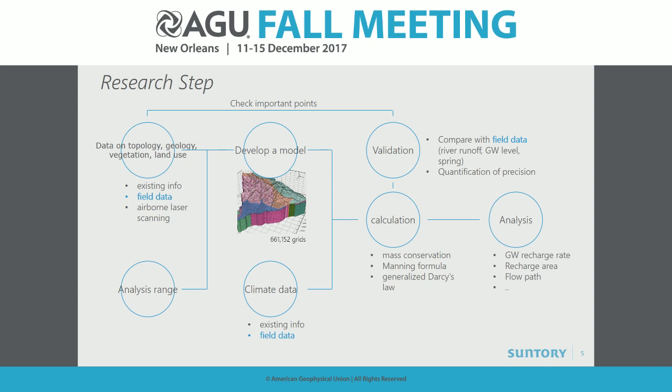And we decided whether the accuracy is enough for estimating groundwater. If not, we go back to the field survey to check or confirm the important points, especially in the geological structure.